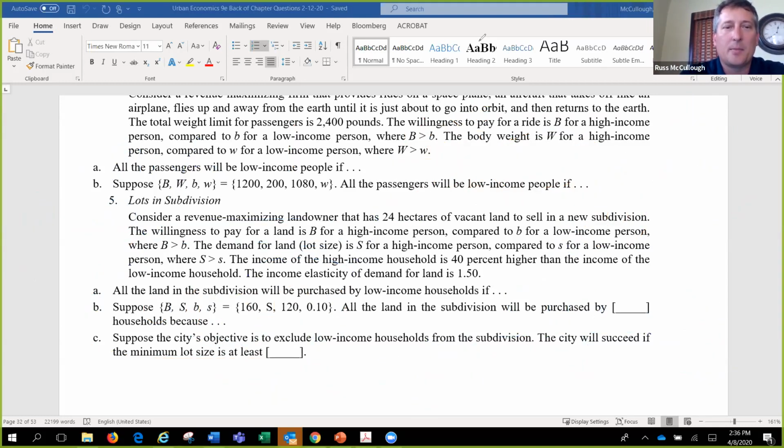So part C: suppose the city's objective is to exclude low-income households from the subdivision, which is part of our upcoming chapter as well. The city will succeed if the minimum lot size is at least what? So if we're trying to exclude low-income households, how can we keep out the poor?